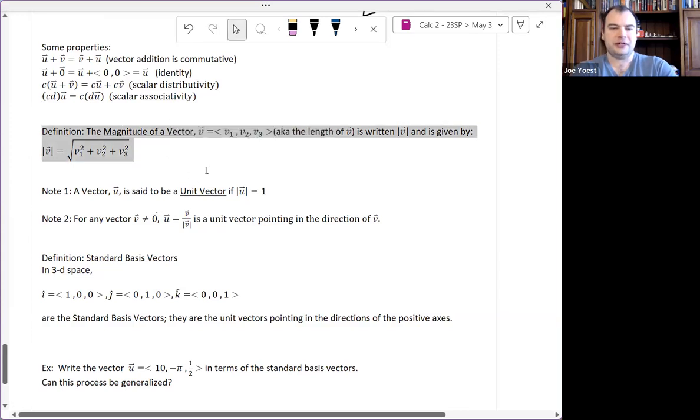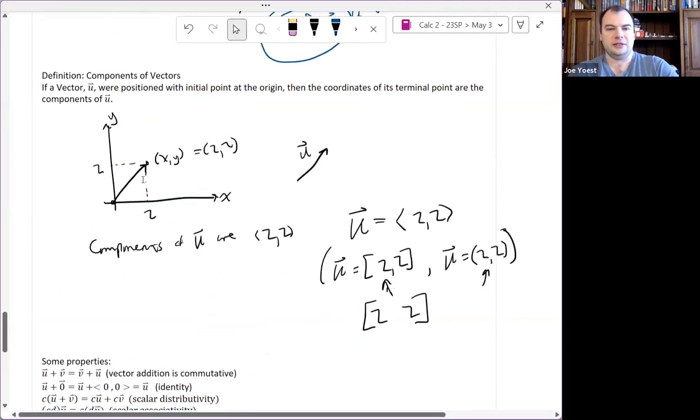The magnitude of a vector, aka the length of the vector, is the square root of the sum of the squares of its components, or it is, when we position the initial point at the origin, we have a terminal point that is some point in either 2D space or 3D space.